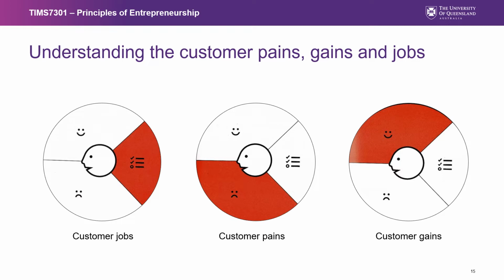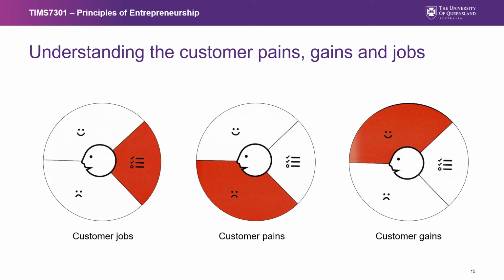Customer pains describe anything that annoys your customers before, during, and after trying to get a job done, or simply prevents them from getting the job done. Pains also describe risks, that is, potential bad outcomes related to getting a job done badly or not at all. Gains describe the outcomes and benefits your customers want.